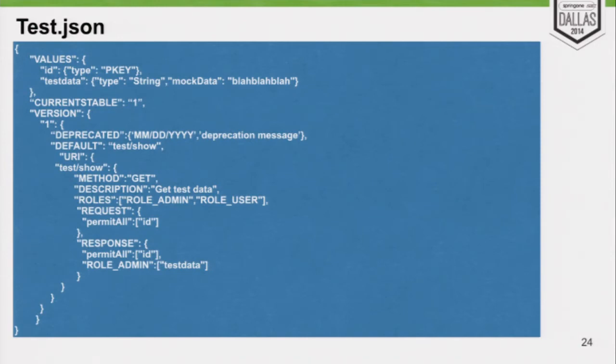So up here, we have the values, the ID, the type of data that they are, test data, basic definition. Current stable is the current stable version, because you can have multiple versions. This is a reloadable object, by the way, because this separates form from function. This has nothing to do with the resource.